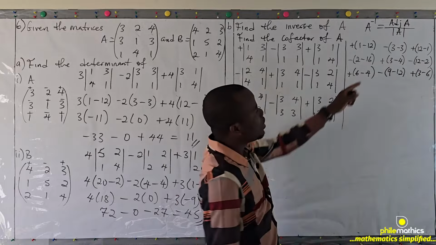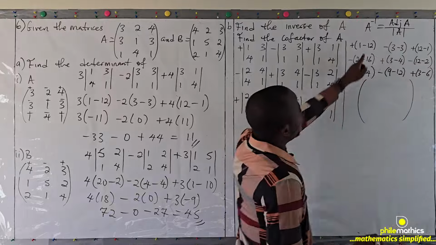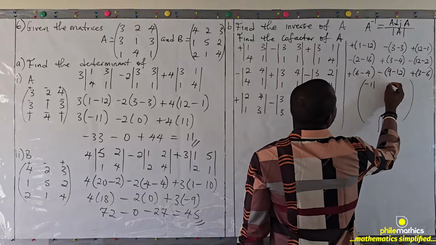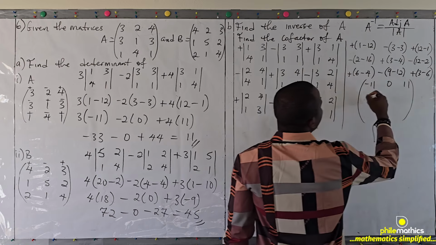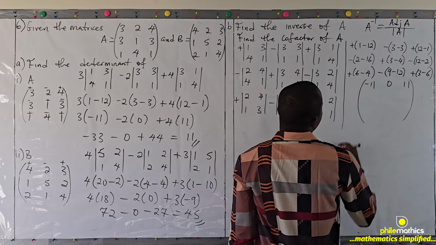And so if we evaluate this, we'll get our matrix of cofactors. 1 minus 12 is minus 11. 3 minus 3 is 0. 12 minus 1 is 11. 2 minus 16 is minus 14.